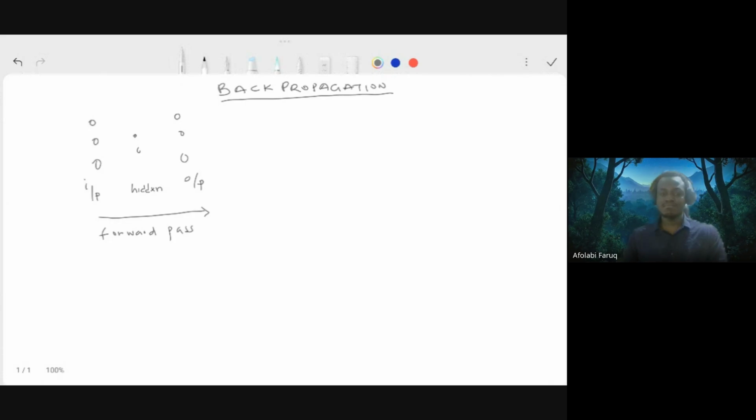In the forward pass, we have our inputs, which are referred to as X: our input features, our input parameters, our input data. When we are working with deep learning, we are talking about data here.